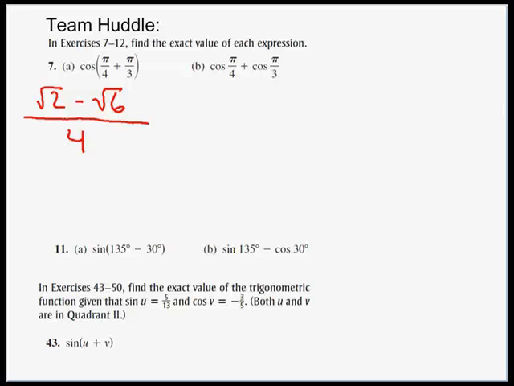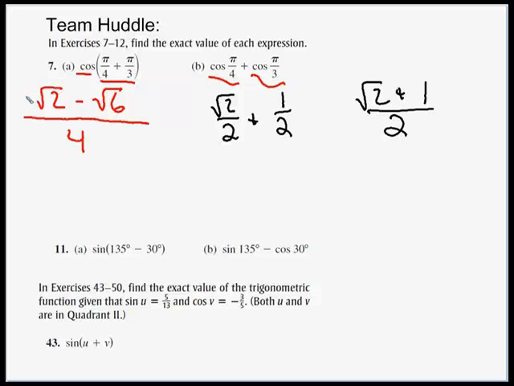And now it's asking us to find, we got the cos of a sum, but what about the cos of the first thing plus the cos of the second thing? How different is that? Well, the cosine of 1/4 pi is √2/2, plus the cos of 1/3 pi is 1/2. If we add those together, we're going to get √2 plus 1/2.